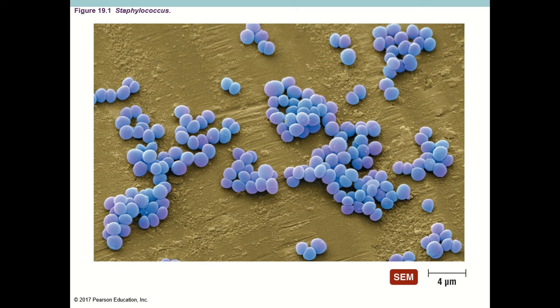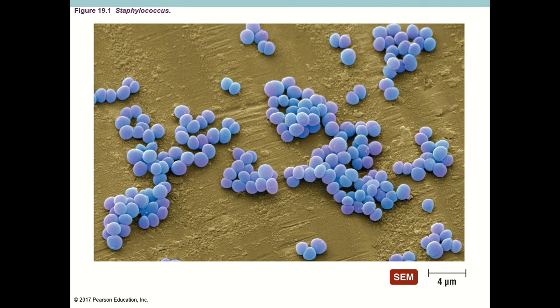And so again, they are normal microbiota, but they can be opportunistic pathogens given that they find a way to infect the cells where they're not supposed to be found.